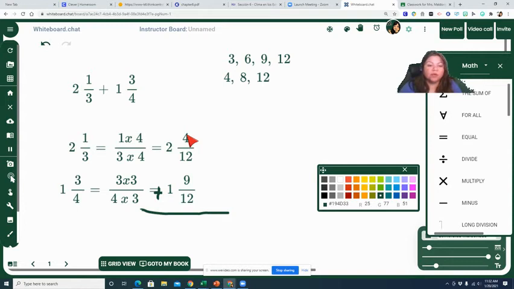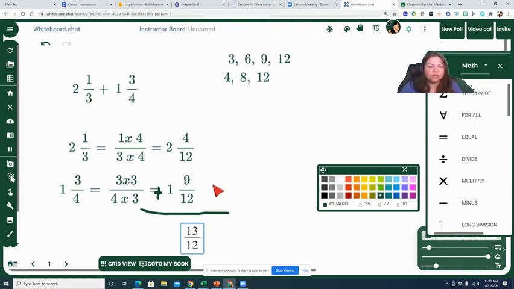Okay, so I add 4 plus 9. What is 4 plus 9? 4 plus 9 is actually 13, and the denominator stays the same.